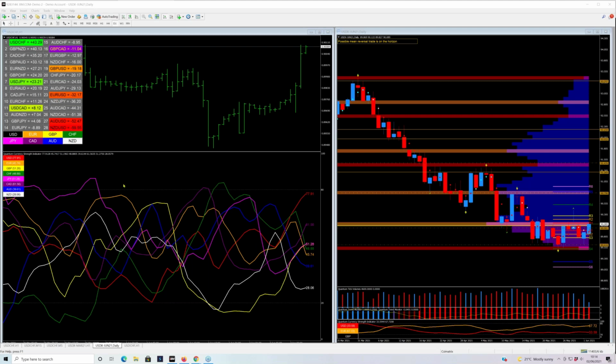Now, moving over here to the left-hand side of this particular profile. This is the hourly CSI, and this gives me my instant snapshot of what the individual currencies are doing in this time frame. The hourly chart I have found, and a lot of the students have found, is a perfect chart because it's close enough to the previous session.